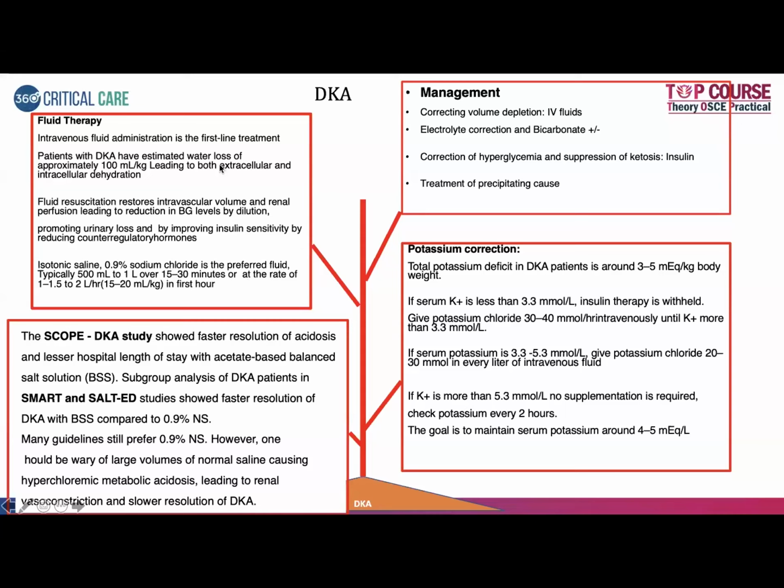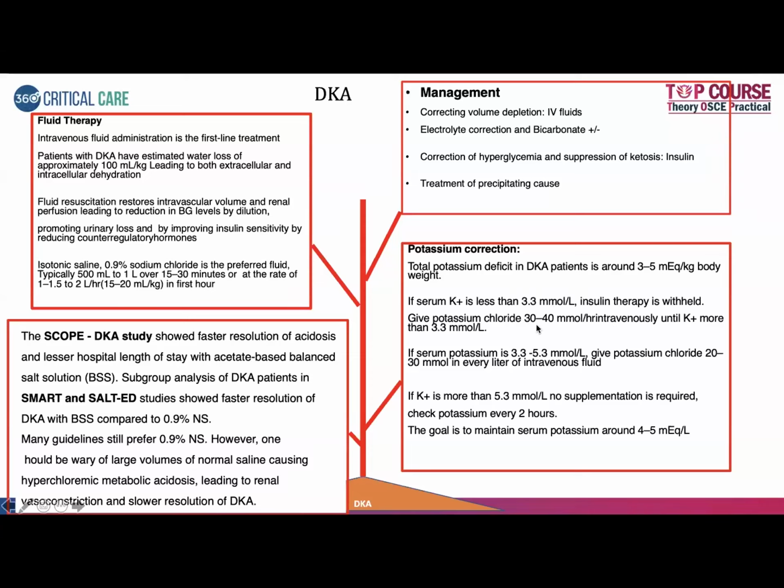After correcting the fluid deficit, look at the potassium levels before starting your insulin. The potassium level should be at least 3.3 millimoles before starting insulin, because if you start insulin, there can be a transcellular shift of the potassium resulting in hypokalemia and adverse events, arrhythmias related to significant hypokalemia.